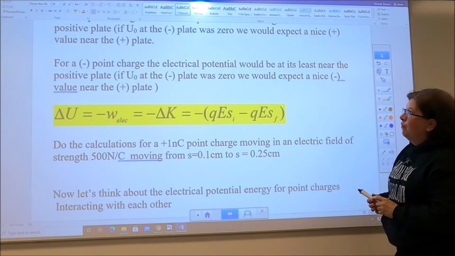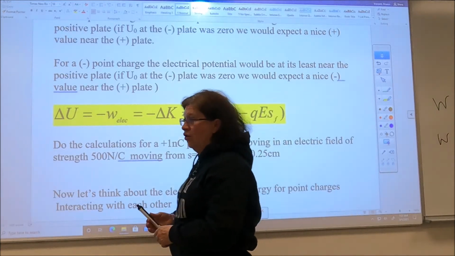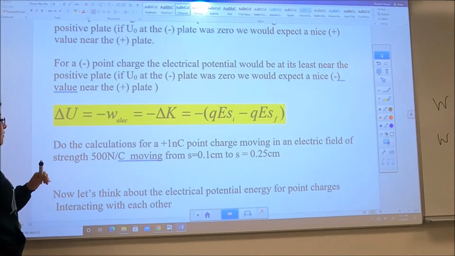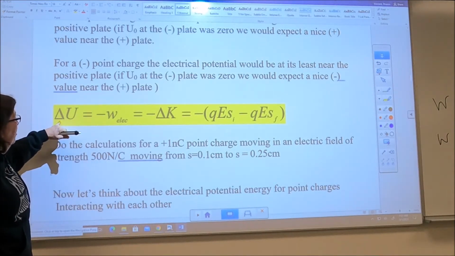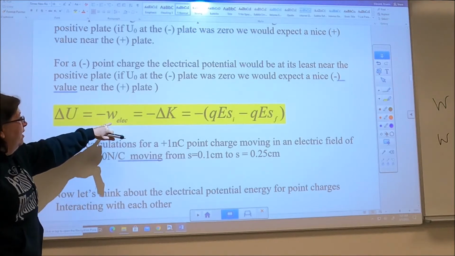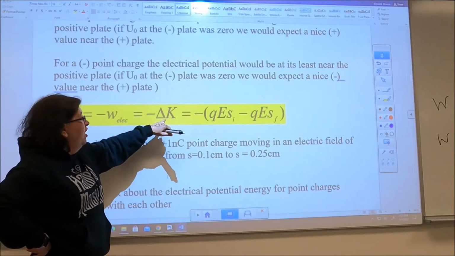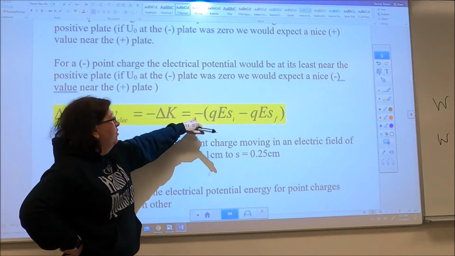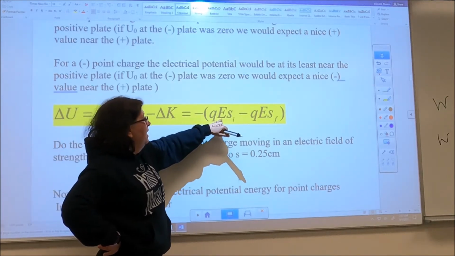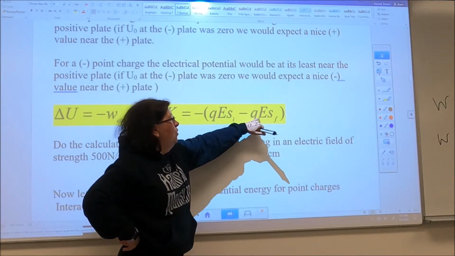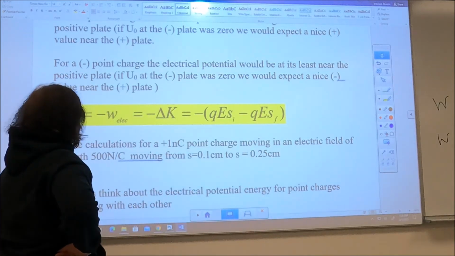Okay, so for a point charge in a uniform electric field, the change in potential energy is the negative of the work electric, which is the negative of the change in kinetic energy, which is minus QE S initial minus QE S final.